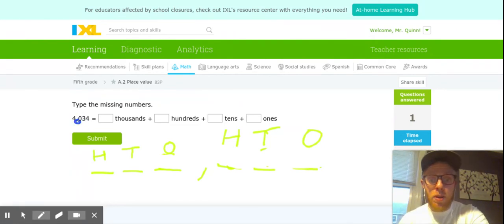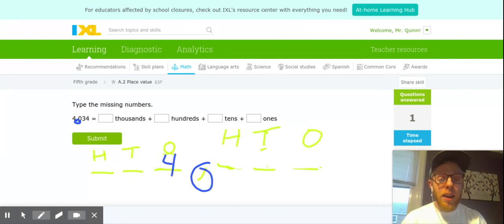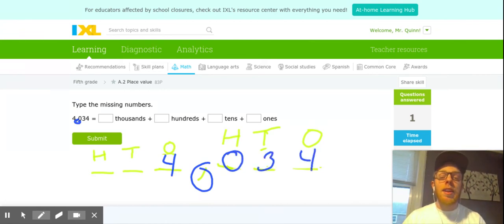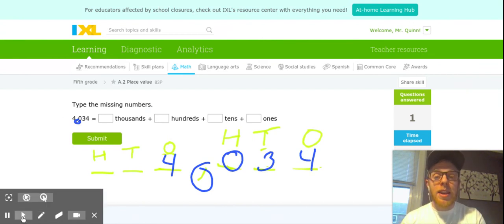There's my comma right here. I have a 4 to the left of my comma. I have a 0, a 3, and a 4 to the right. And we would read that number as 4,034. I'm going to take that knowledge and use it to fill in how many thousands I have, how many hundreds I have, how many tens I have, and how many ones I have.